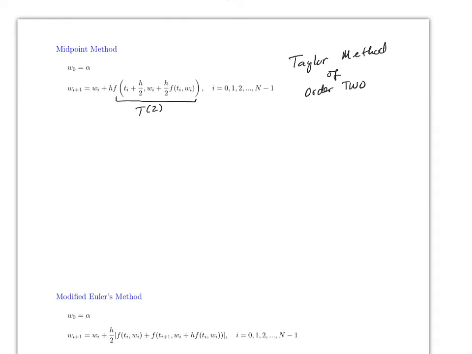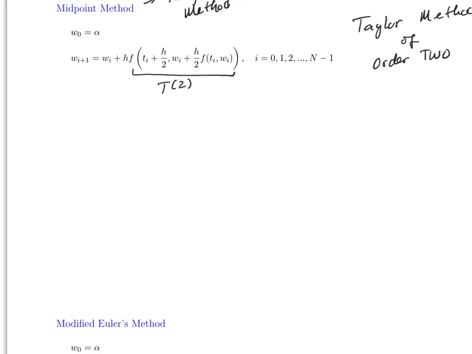So pretty much the midpoint method is a specific Runge Kutta method where t of 2 is replaced by this. Notice how only 3 parameters were needed to approximate t of 2. This is what I mean.